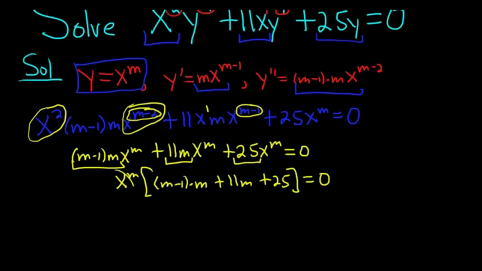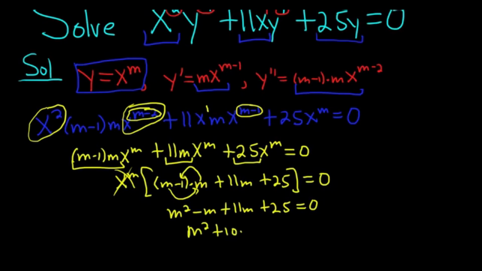So when we do that, it goes away. So we have m times m, so m squared. M times negative 1 is negative m plus 11m plus 25. All of this is equal to 0. Let's combine like terms. M squared, negative m plus 11m is 10m plus 25, and that's equal to 0.